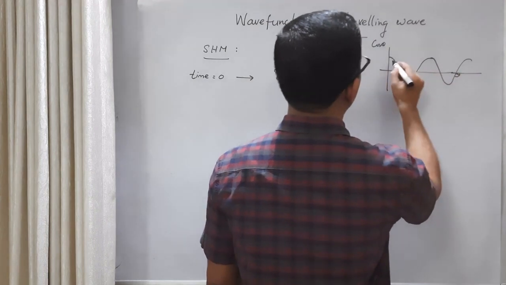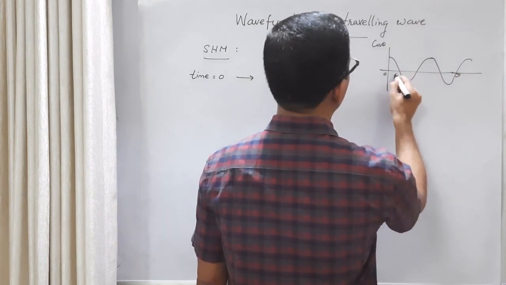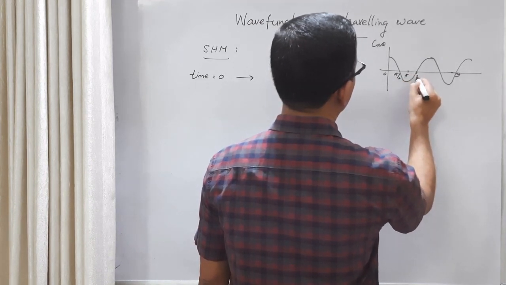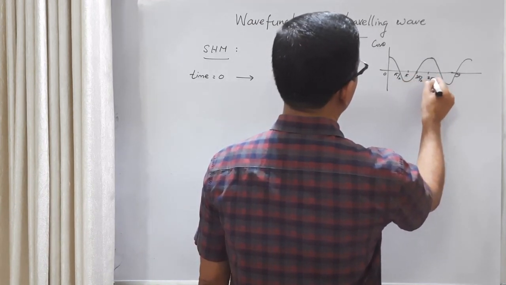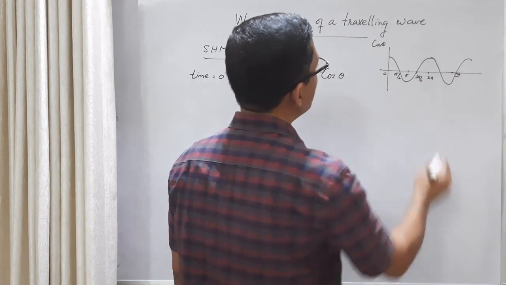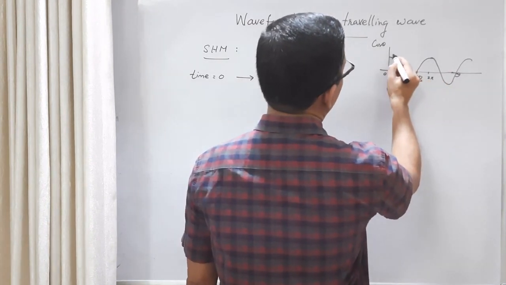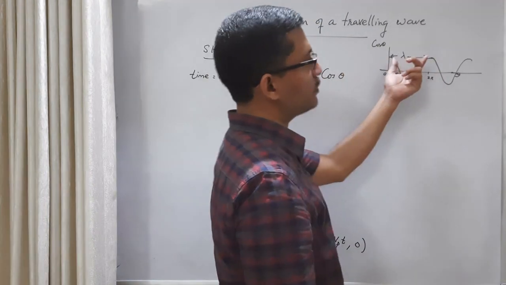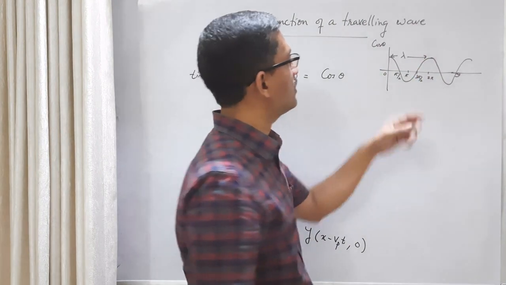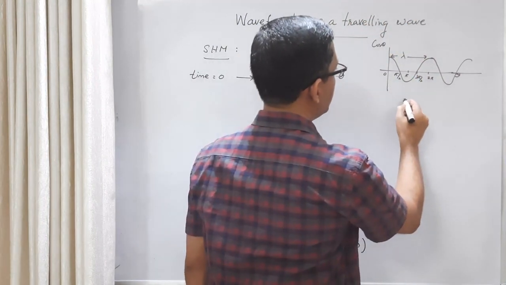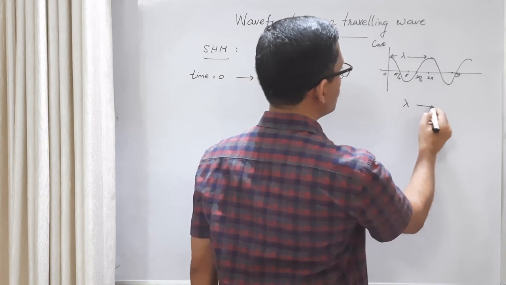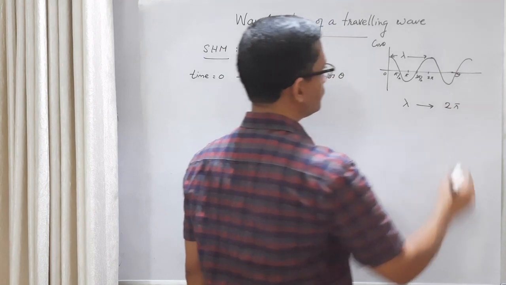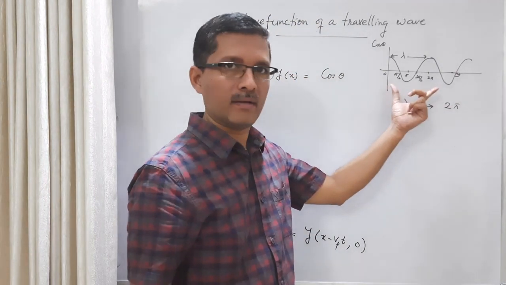It goes like this: 0, pi by 2, pi, 3 pi by 2, 2 pi. This is the wavelength lambda, the distance between two adjacent crests or troughs. A distance lambda corresponds to a phase change of 2 pi.